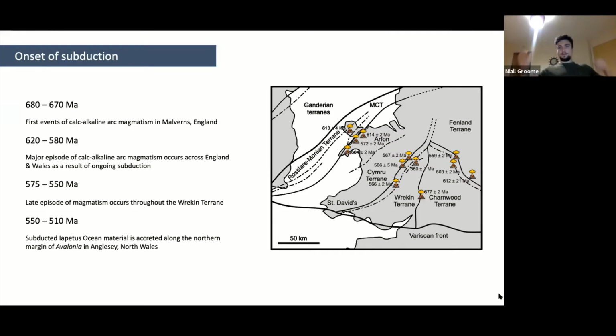And that is a rare episode of direct evidence that we have subduction of the Iapetus Ocean. And this is probably one of the only places that this is observed, other than another part in Hungary and Western Germany in the Bohemia region, which occurs a little bit later than this.